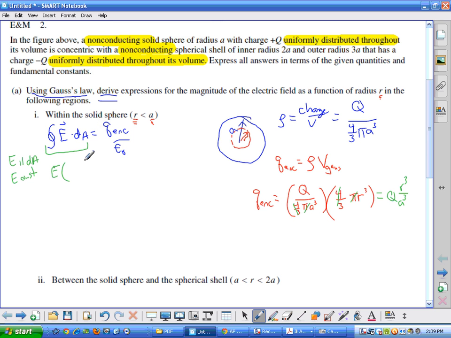The flux that we're looking at is the flux through our Gaussian sphere. The surface area of a sphere is 4 pi r squared. So this has a surface area of 4 pi times the radius of the Gaussian sphere, r squared. And this is going to equal the enclosed charge, which is Q times r cubed over a cubed, divided by epsilon 0.